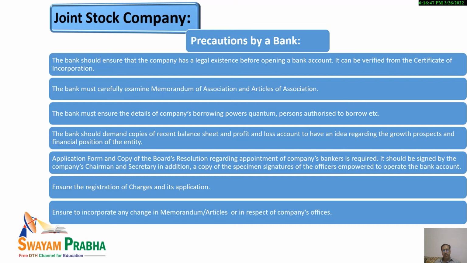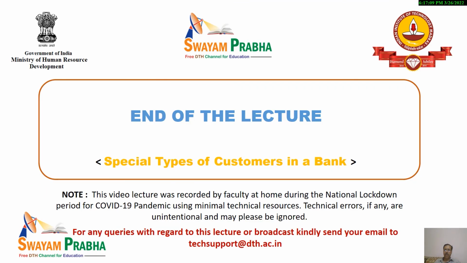So the bank should be taking a copy of such amendments, and ensuring that it is not adversely affecting the relation of the bank with the company, and it should not be against the interest of the banks in dealing with that particular company.